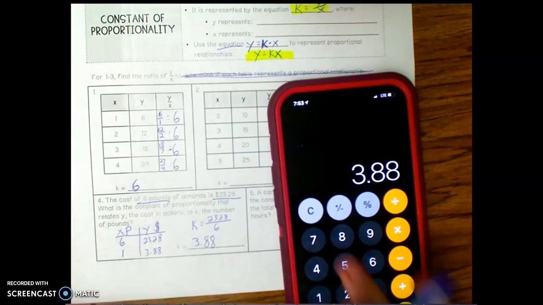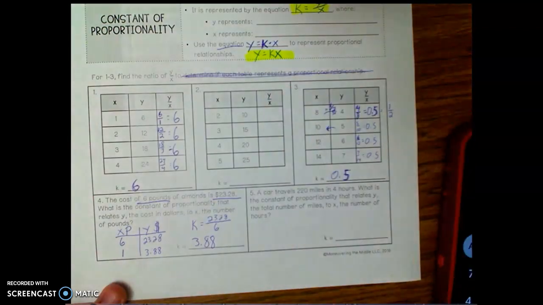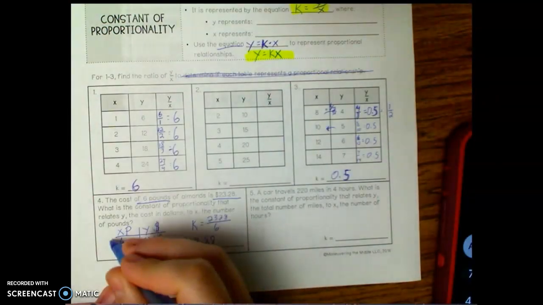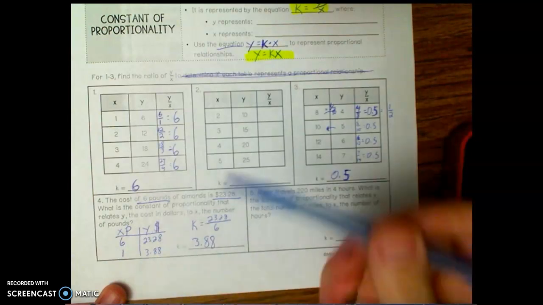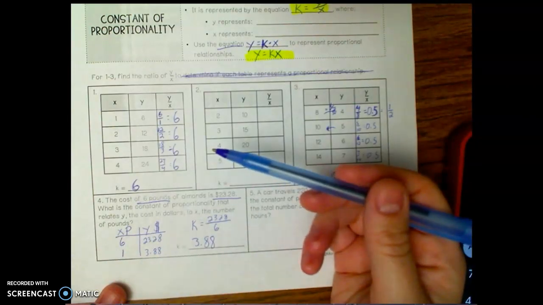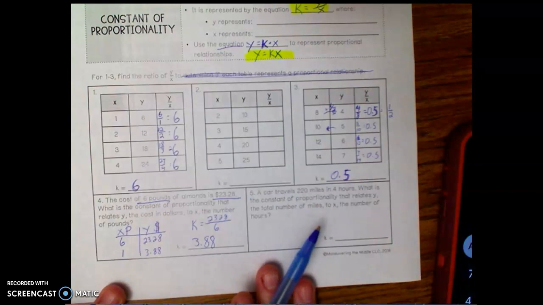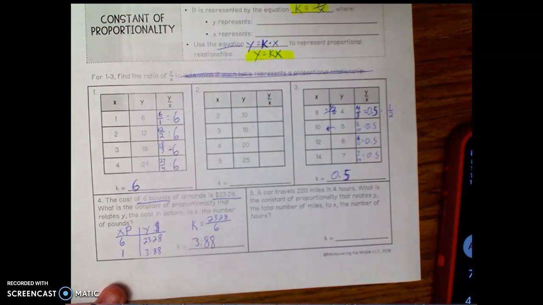Okay, so story problems aren't all that hard. All you need to do is create your X and your Y table, and then it's just like we were doing up here. I'll let you finish 5 on your own, the same way we did here. Go ahead, do it now.